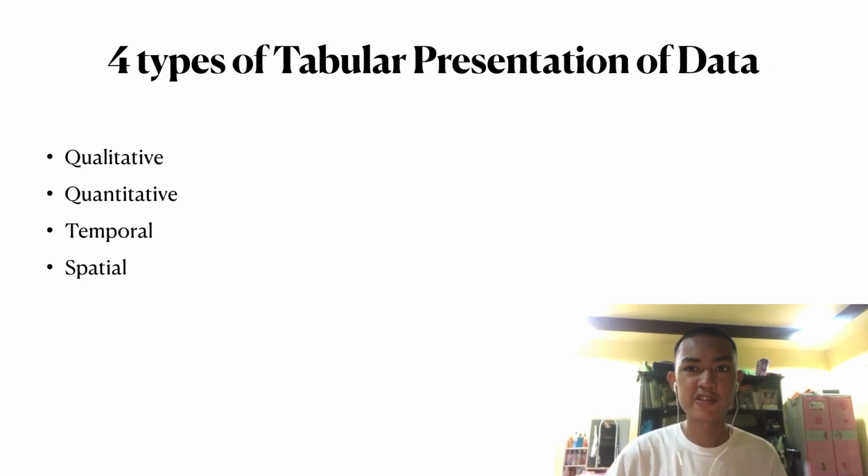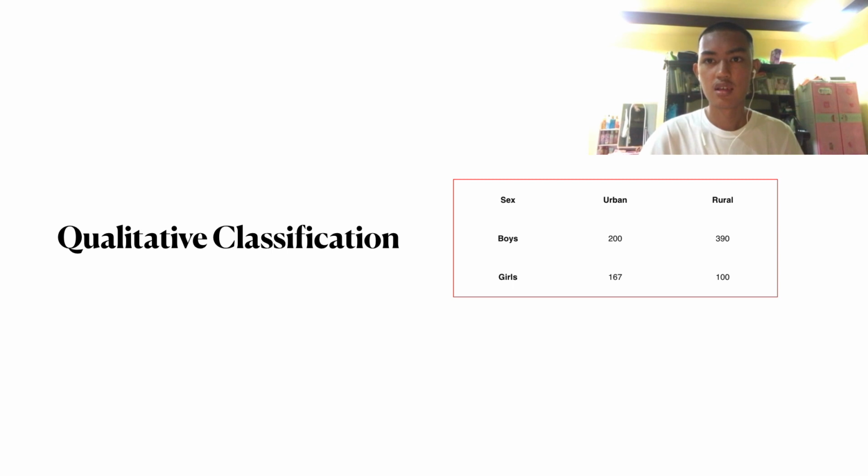There are also 4 types of tabular presentations, which are qualitative classification, quantitative classification, temporal classification, and spatial classification. What is a qualitative classification of tabular presentation?